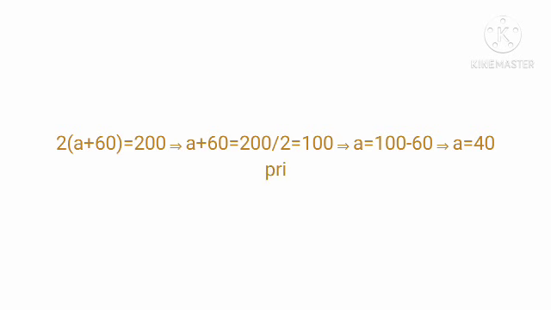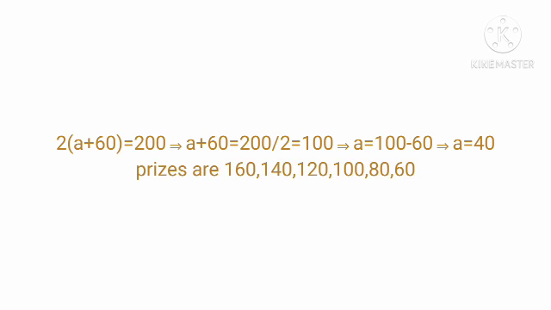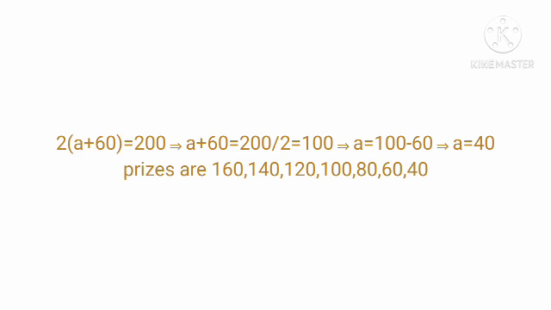Therefore, the highest cost price will be the first price, therefore the prices will be 160, 140, 120, 100. The difference is 20. Okay, for each price it is given in the question, and 80, 60, 40. So this is our answer.